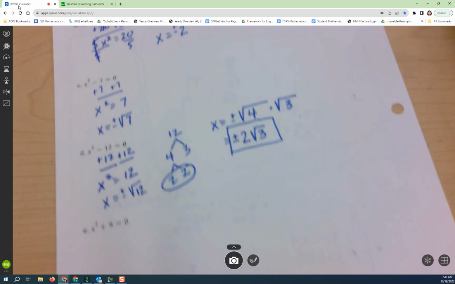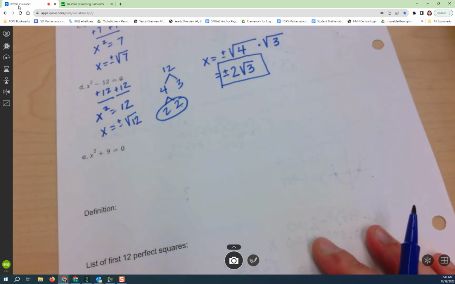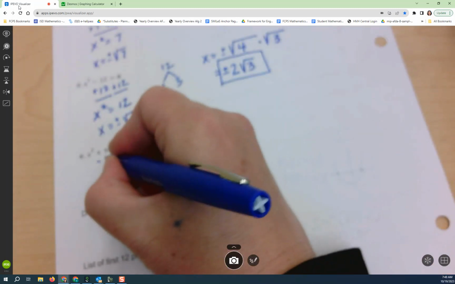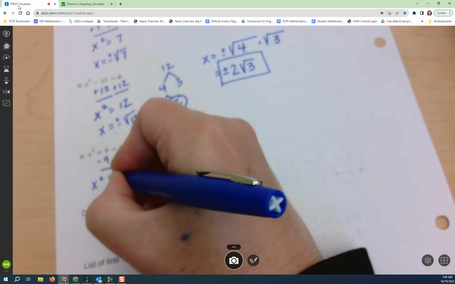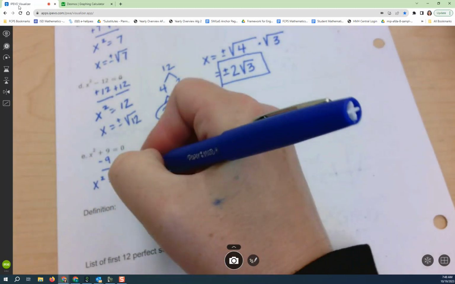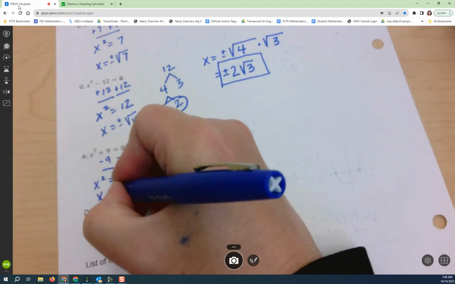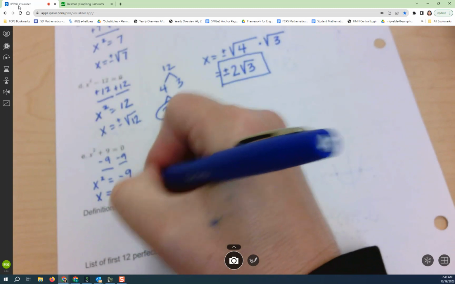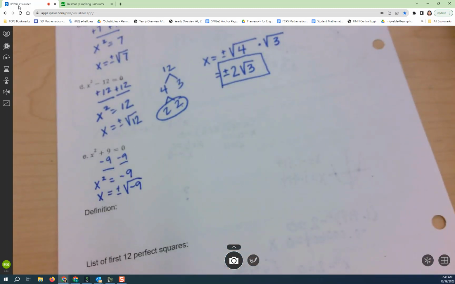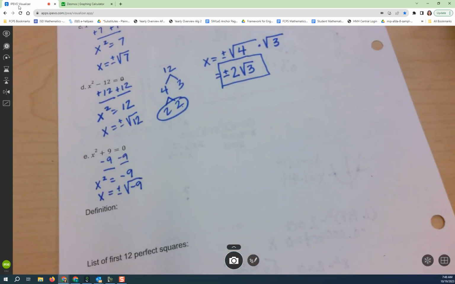All right, we're going to go on to E, and in E, I'm going to subtract the 9. I get x squared equals negative 9, and x equals plus or minus the square root of negative 9. Now I'm in a little bit of trouble because I know the square root of 9 is 3, and if it was just a positive 9, I could have a positive 3 and a negative 3.